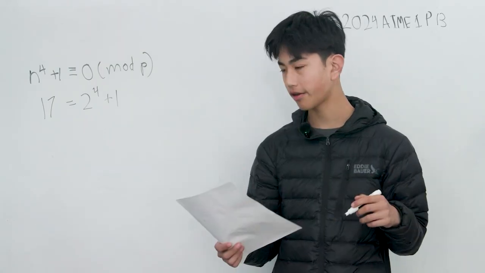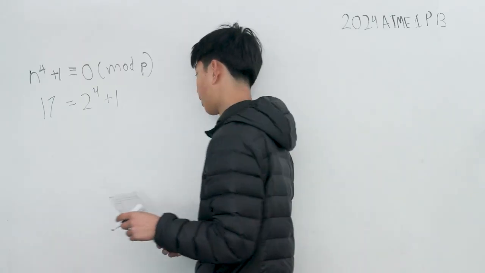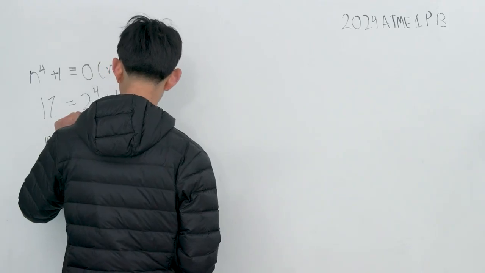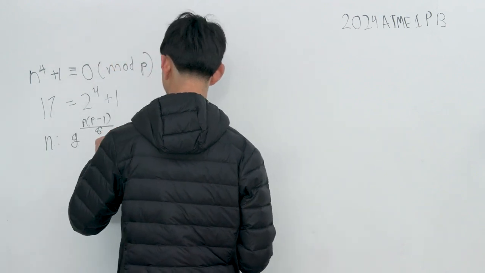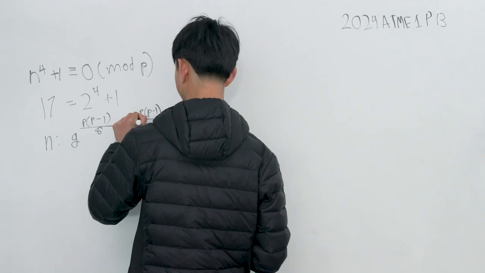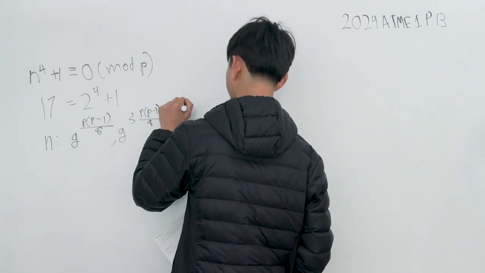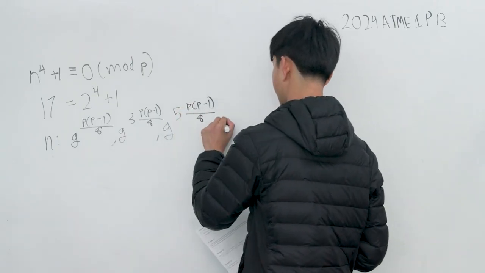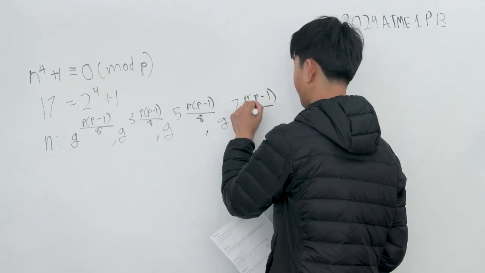So we have that our values of n are going to be in the form of g to the power of (p minus 1) over 8, g to the power of 3(p minus 1) over 8, g to the power of 5(p minus 1) over 8, and g to the power of 7(p minus 1) over 8.